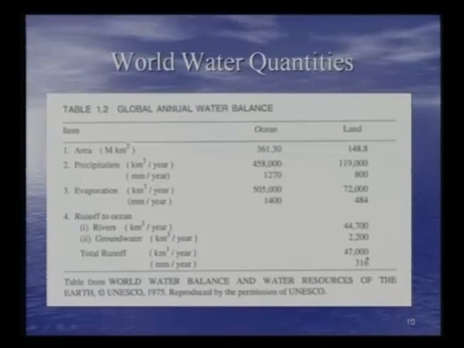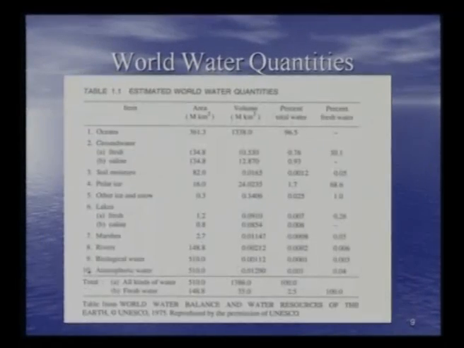So, you see that these are the world water quantities which United Nations has approximated, which are very handy in making certain calculations. The other table, which is estimated world water quantities, it talks about the total volume of ocean water is 1338 million kilometer cube, and it is the percentage of total. Similarly, the groundwater, we see the fresh water is about 10.53 million kilometer cube, which forms about 0.76%, and so on. Okay.